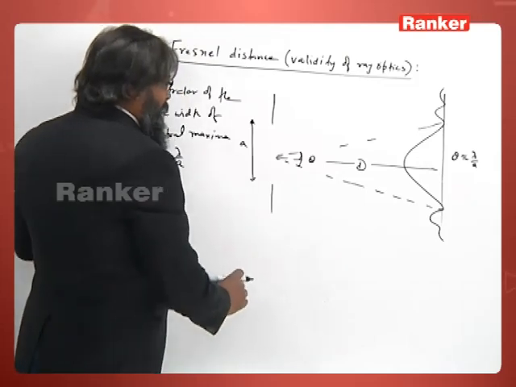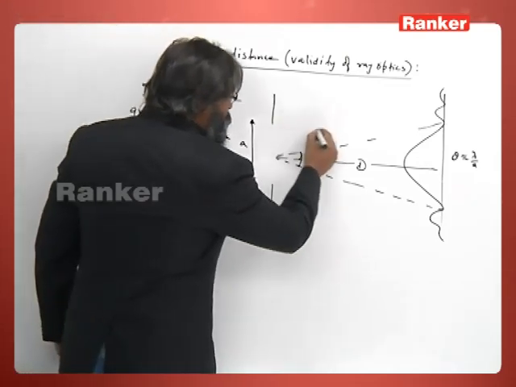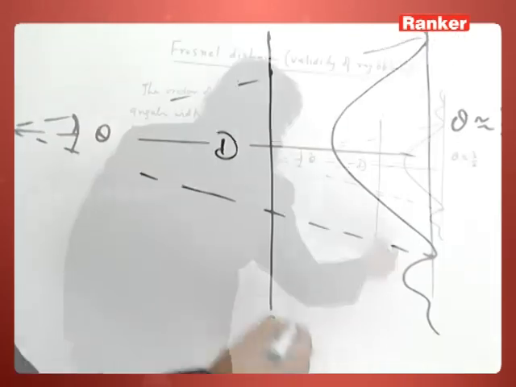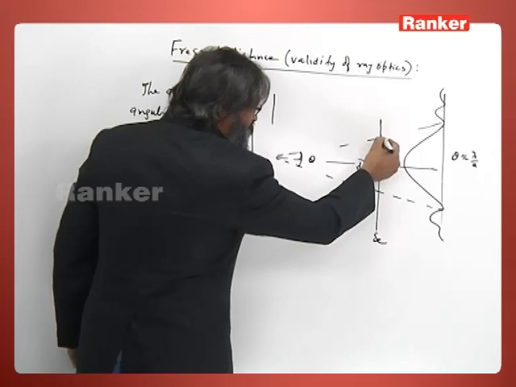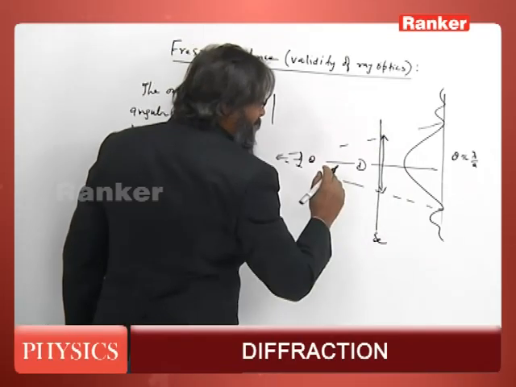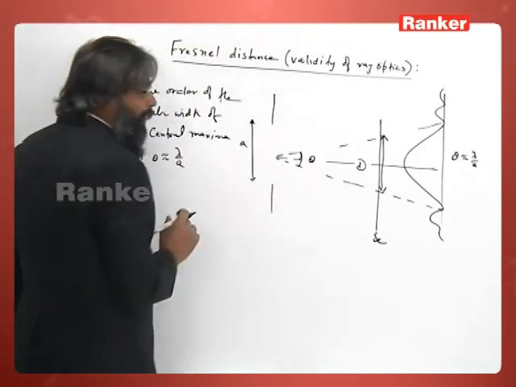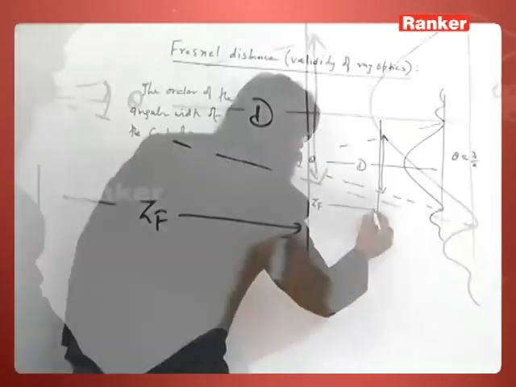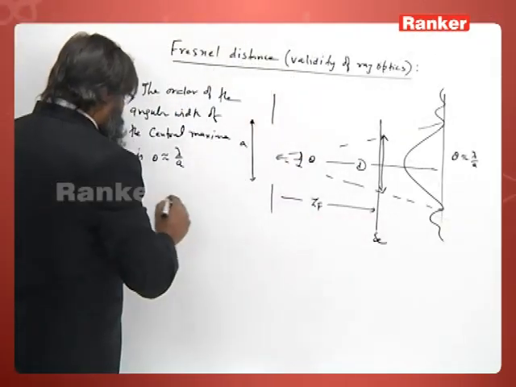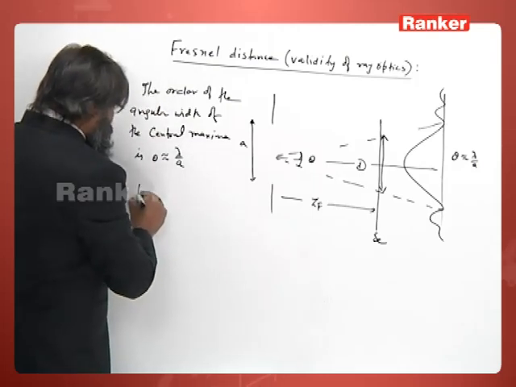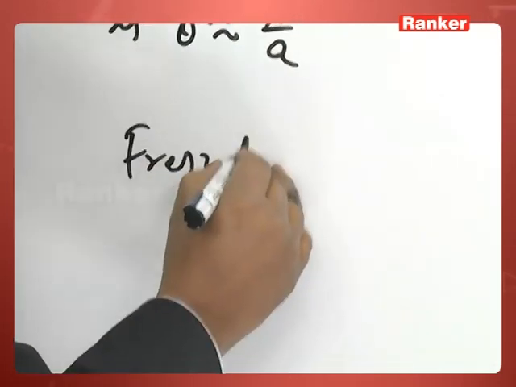So if I assume my screen to be at this place where the width of the central maxima becomes equal to a, this distance is called ZF, Fresnel's distance.